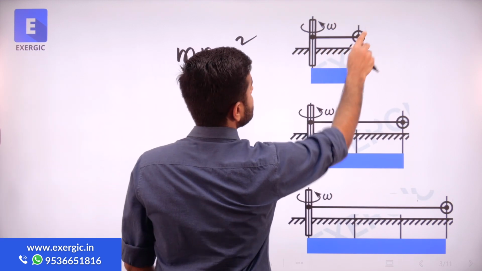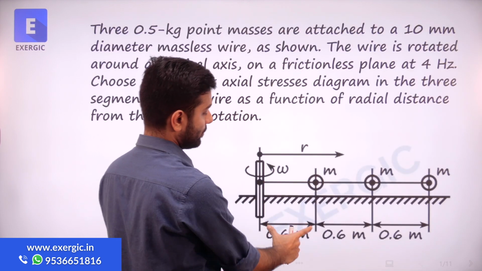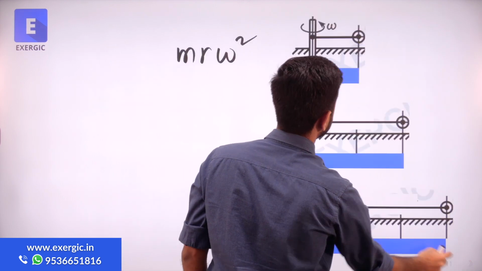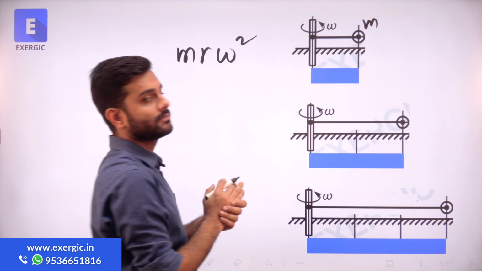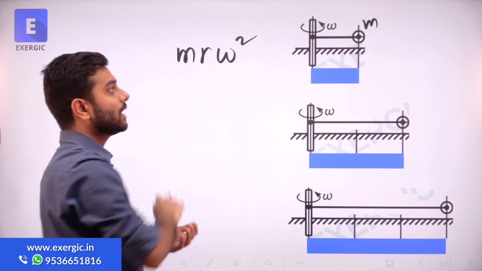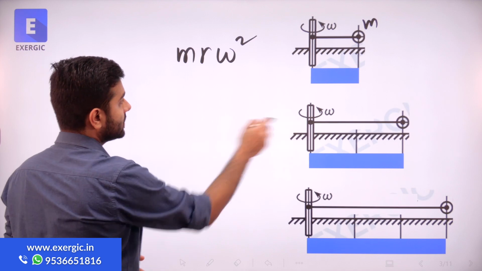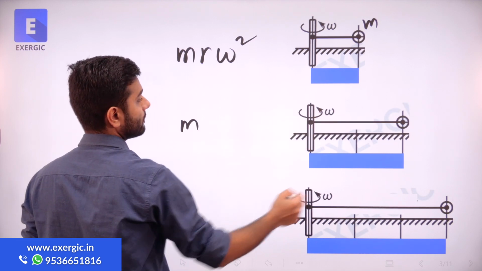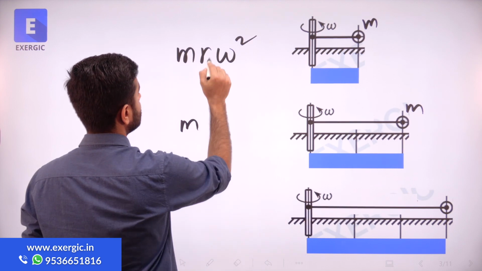For this mass, this much is the radius, right? 0.6 meter. You can check, 0.6 meter, correct? So for this mass, this much is the distance from the center of rotation. All of them are rotating at omega only and the mass is m only, correct? Similarly for the second mass, what will change?